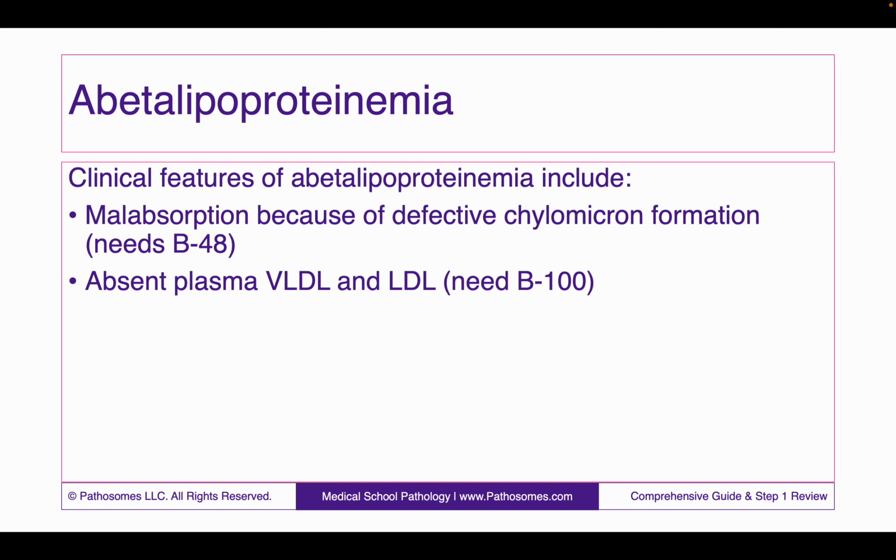The clinical features of abetalipoproteinemia include malabsorption due to the defective chylomicron formation, right? Because you need B48, as well as absent plasma VLDL and LDL, right? Because you need B100 for that.